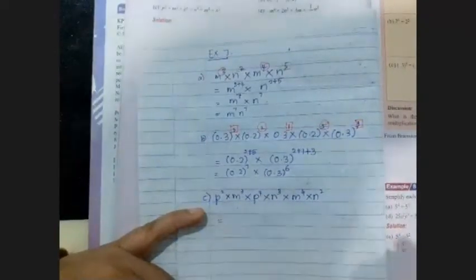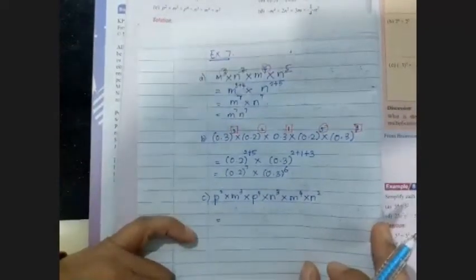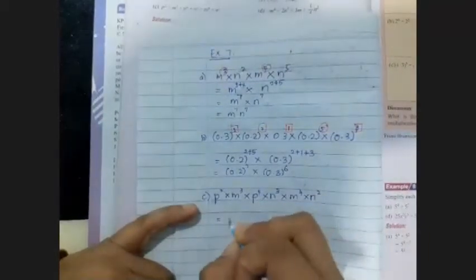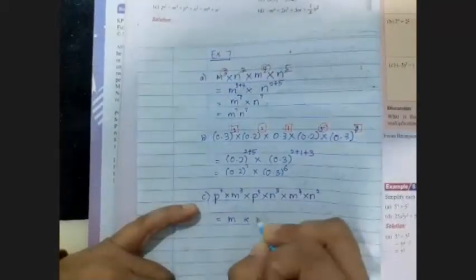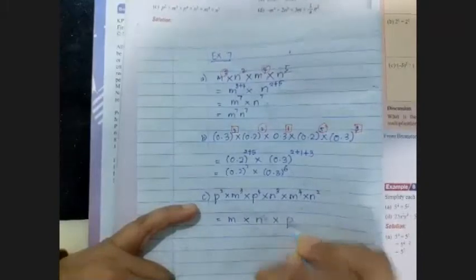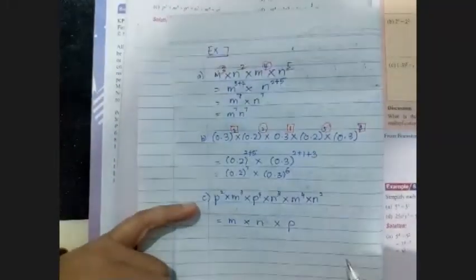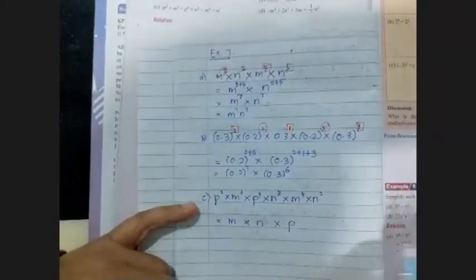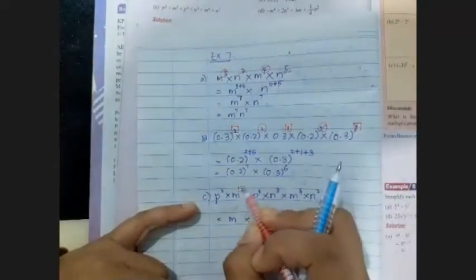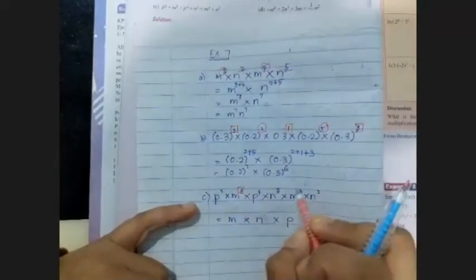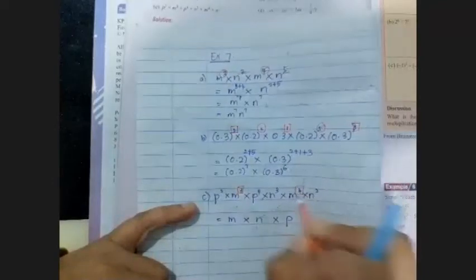So, how many bases here? m, n, and p. 3 bases. So, look at m. The first index is 3 and the second index is 4.